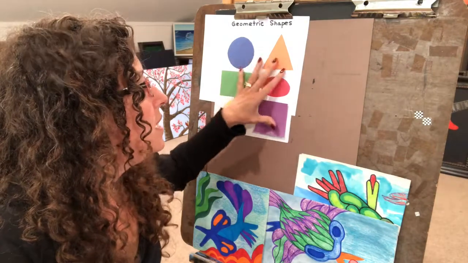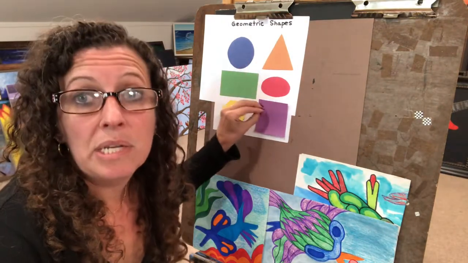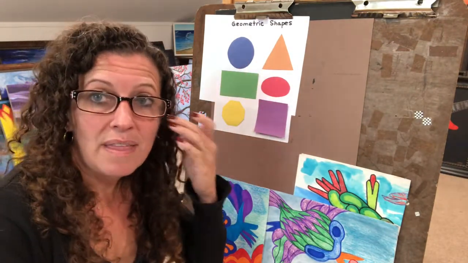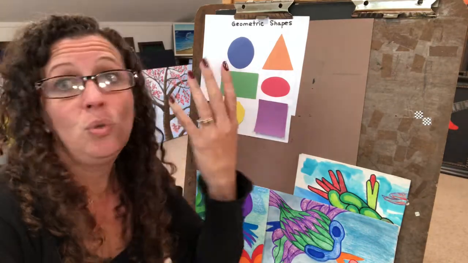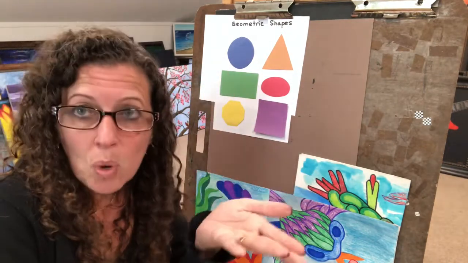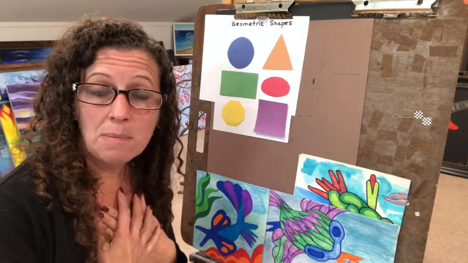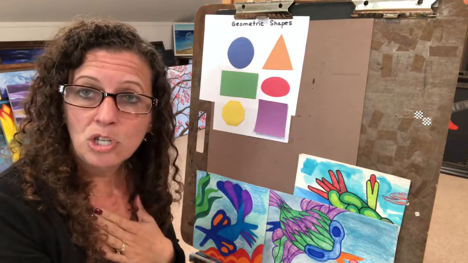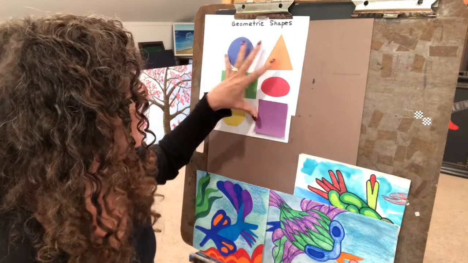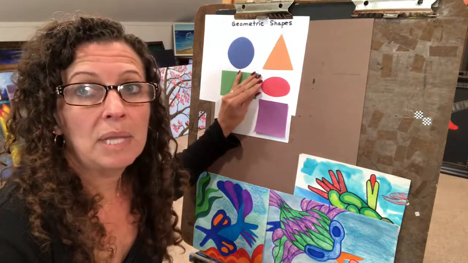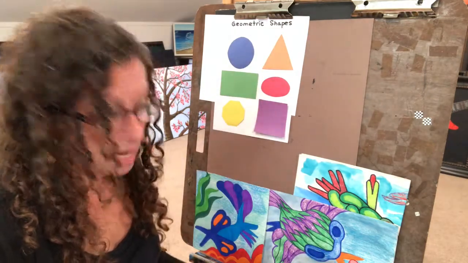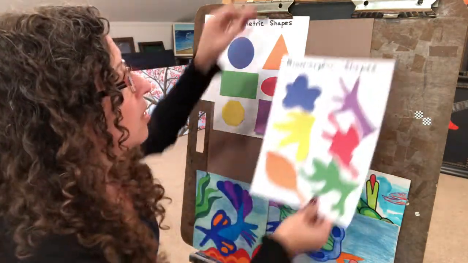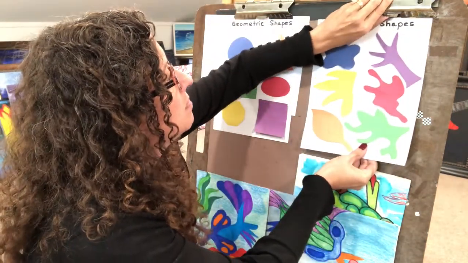Now, all of these shapes, they have a particular name. We can identify them by their name, just like I'm Lena Petrelli, and you are whoever you are, right? Now, I belong to my family, and you belong to your family, and these belong in this family, the geometric shape family.